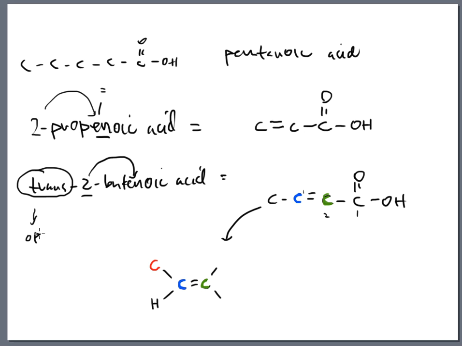Trans means opposite sides, and opposite sides refer to the hydrogens. So that means I have to draw this structure to make sure hydrogen's on opposite ends. So there's the trans form, which means that my C double bond OOH is going to happen down here at the very bottom.